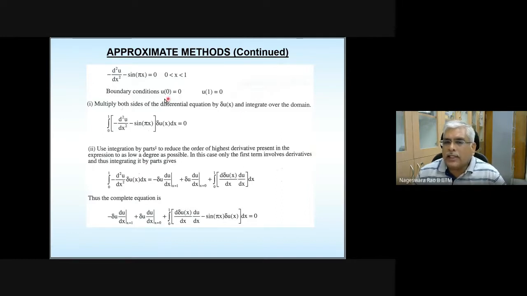Here, x is equal to 0 is a point where essential boundary condition is specified, and x is equal to 1 is also such a point. Whatever I told yesterday with respect to the weighted residual method is applicable for any other method: the approximate solution has to satisfy essential boundary condition.